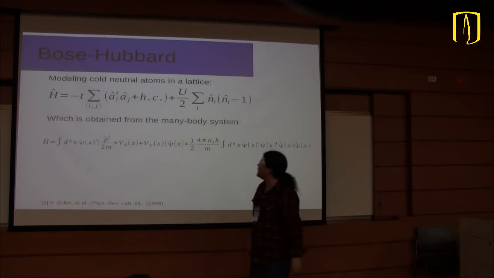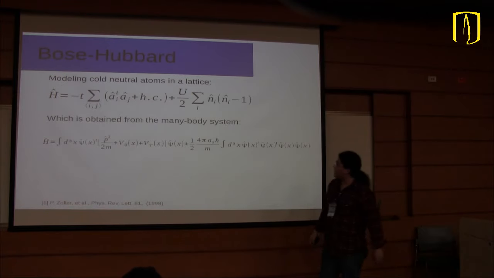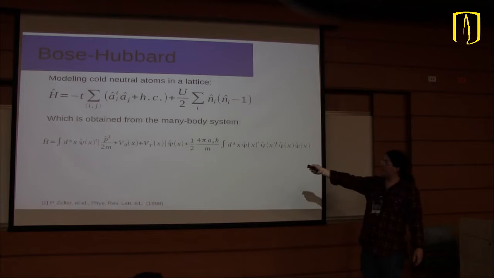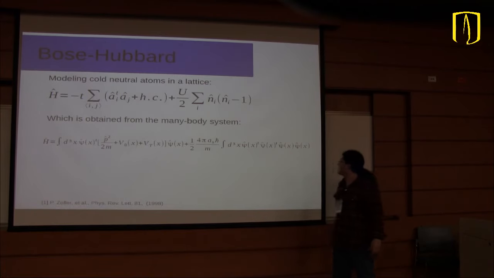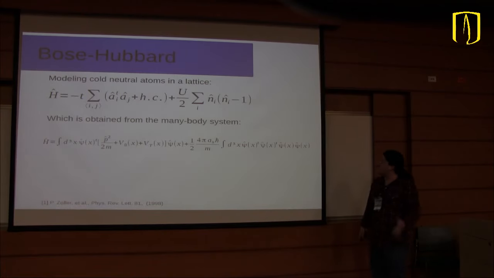It's over the nearest neighbors, and we consider the Hermitian conjugate too. The other term is the interaction term, and it only contributes when two particles are at the same site in the lattice.